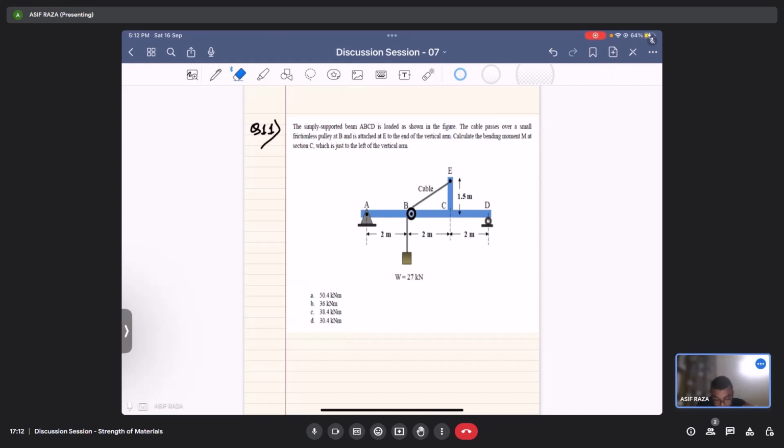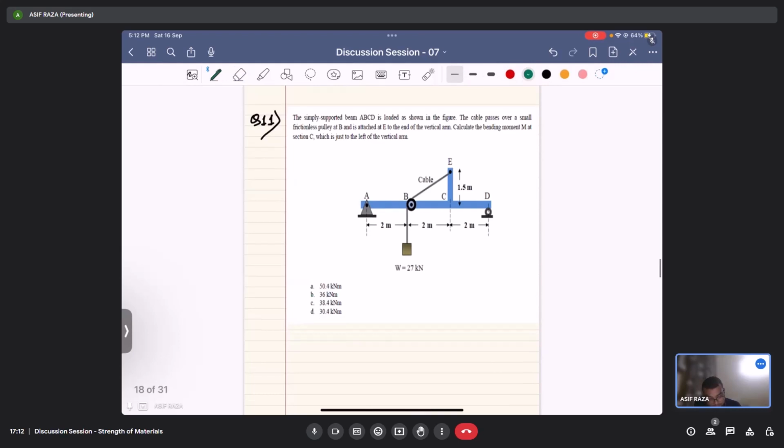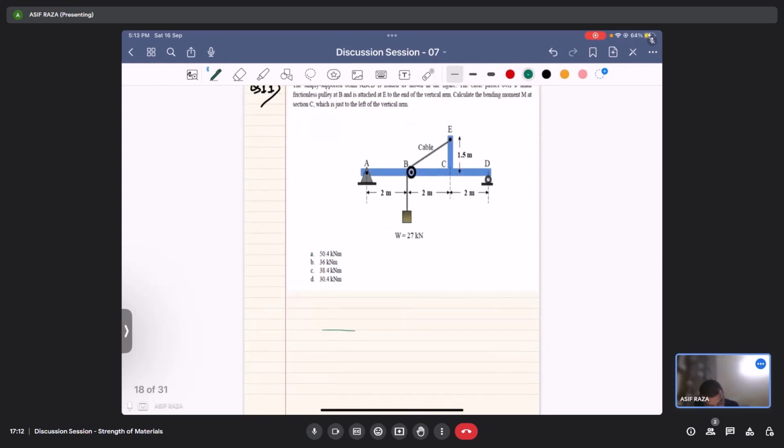Okay, so let me read the question once again. So we have a simply supported beam. There is a pulley attached here.